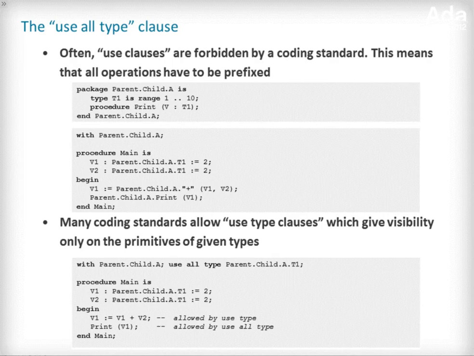An example of this is the procedure main in our first code snippet here, that is a verbose use of the primitive operations made worse by nested packages. There is an acceptable alternative in the form of use type clauses, which gives visibility to only the primitive operations of a specified type. The second implementation of procedure main here is much easier to read and yet has the same semantic qualities.